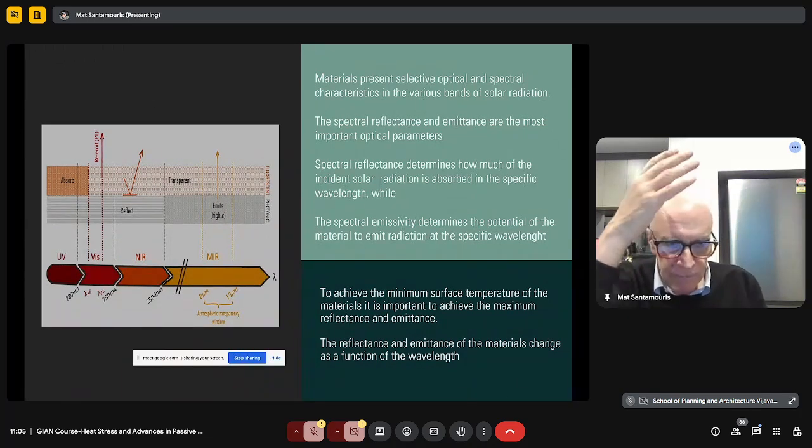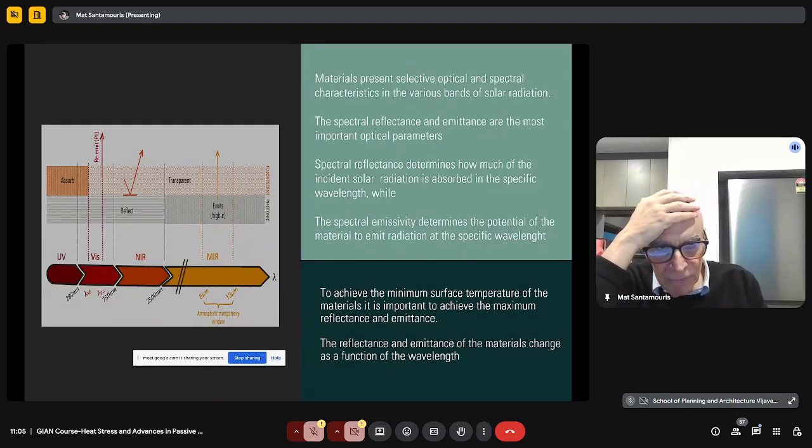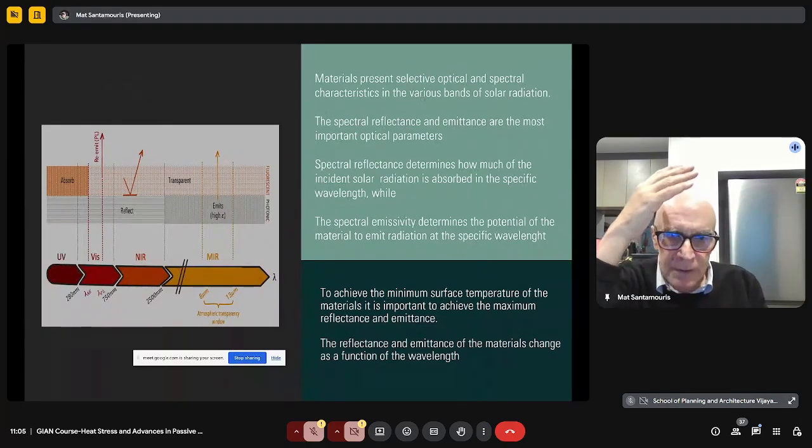Of course, it's not exact, it's almost 50%. But the impact of near infrared is extremely important. And then we have the mid infrared, which for our applications is not relevant, except if we have to deal with the properties and characteristics of the urban atmosphere.